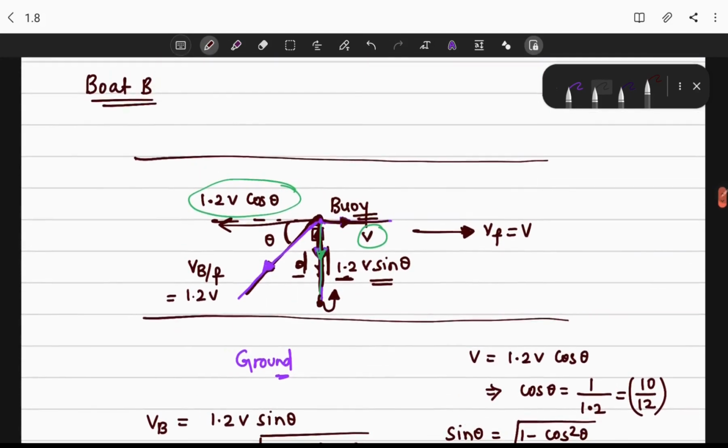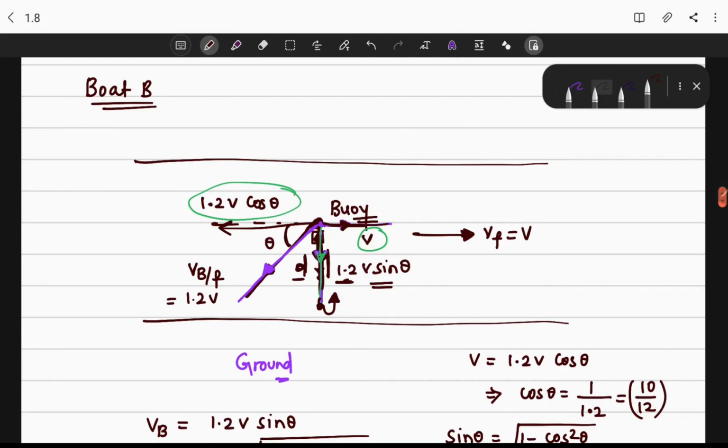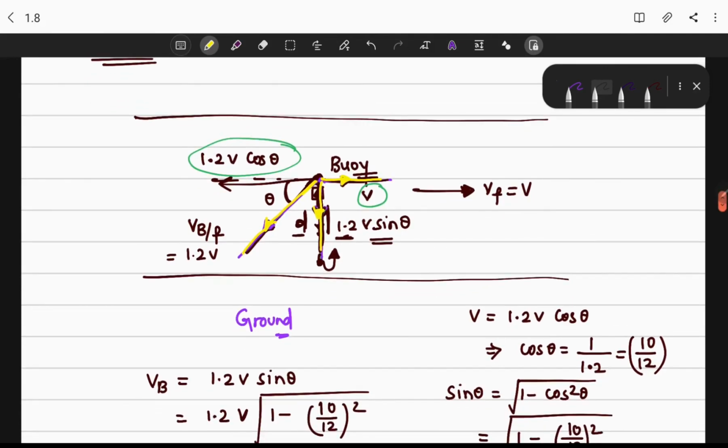Then for the boat B, we knew that the velocity of the boat is in this particular direction, and flow velocity is in this direction. With respect to flow, the boat has to move in this particular direction, and we found out the component along the flow and perpendicular to it.